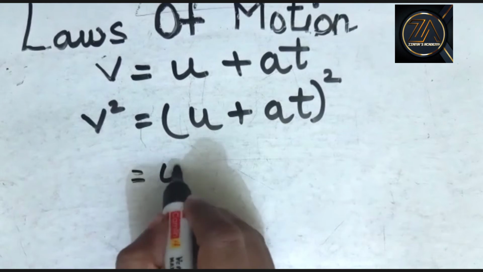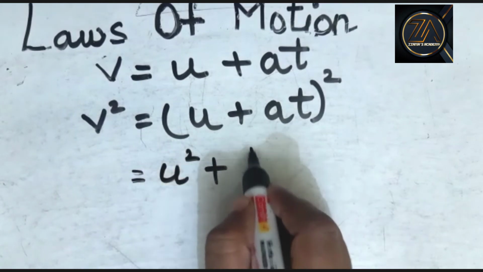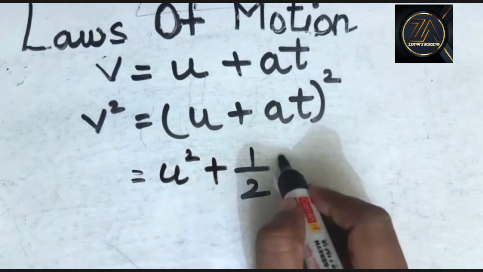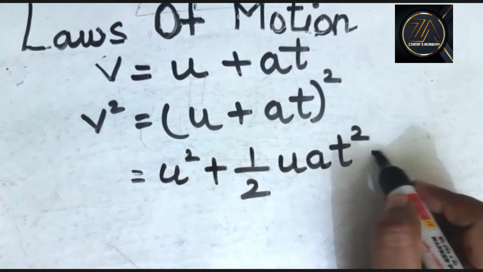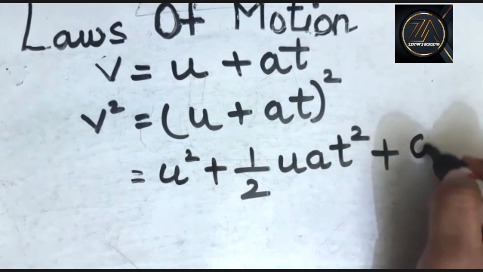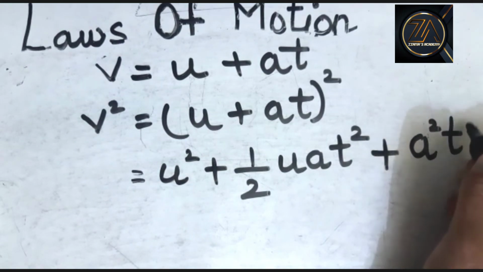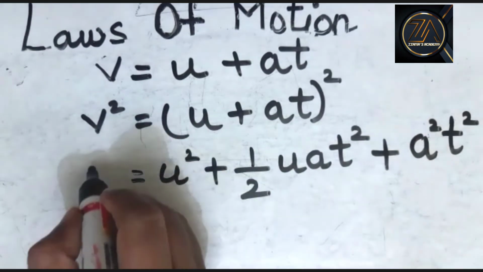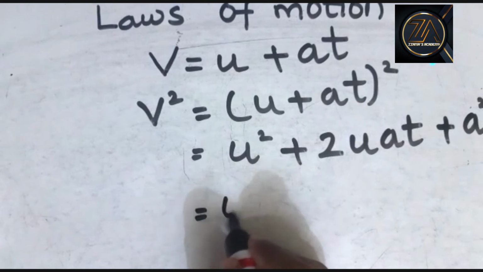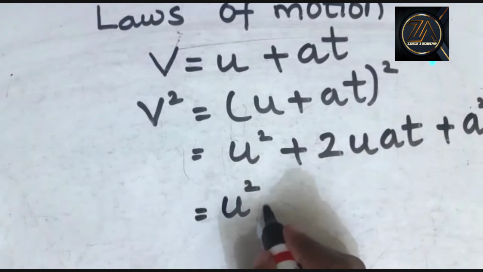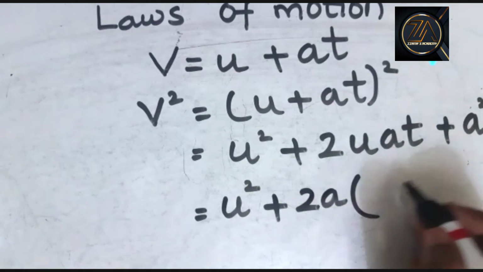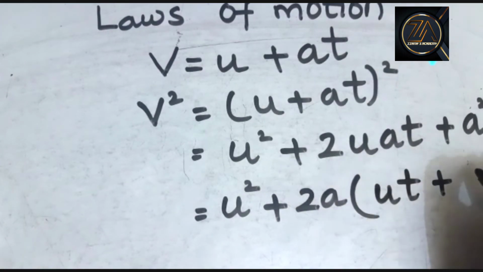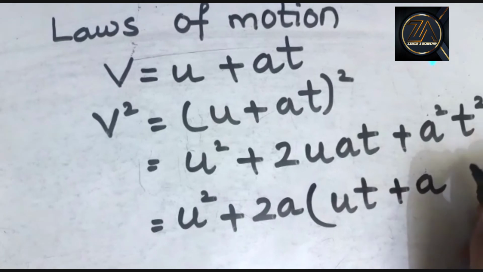So what you will get? u squared plus 2uat plus a squared t squared. So here u squared plus 2a, what remains in the bracket is ut plus half at squared.